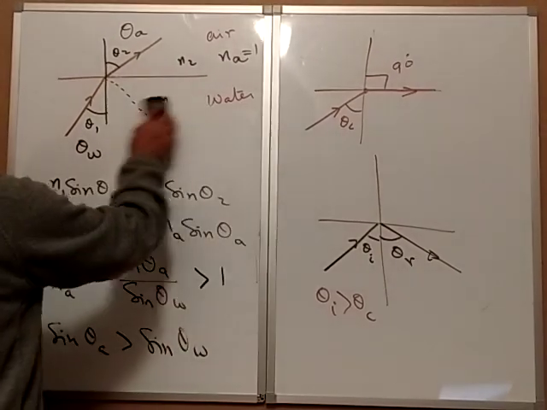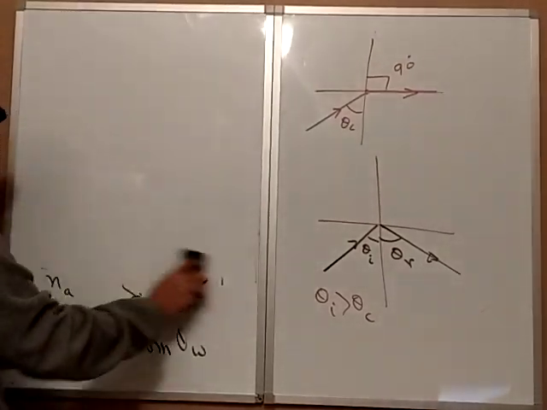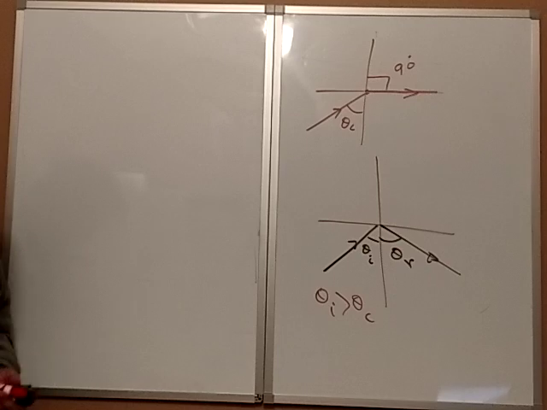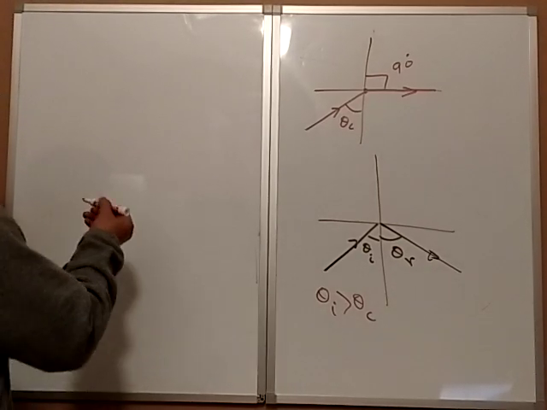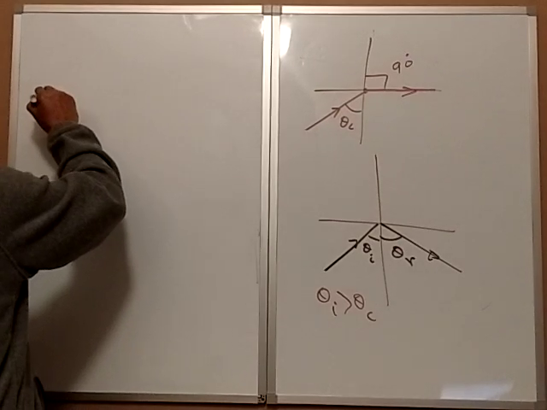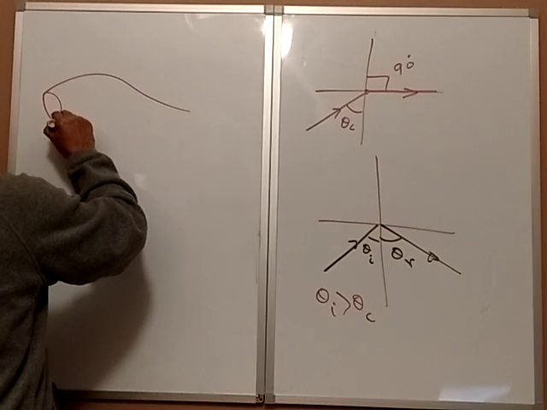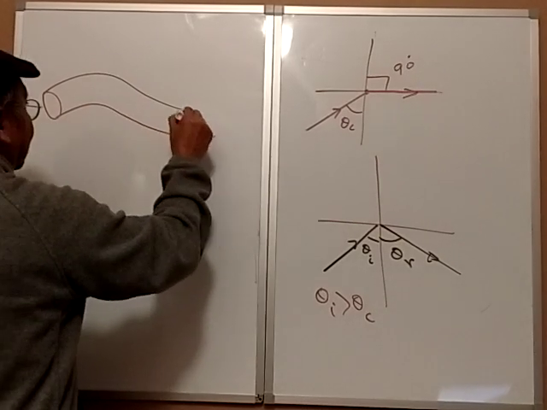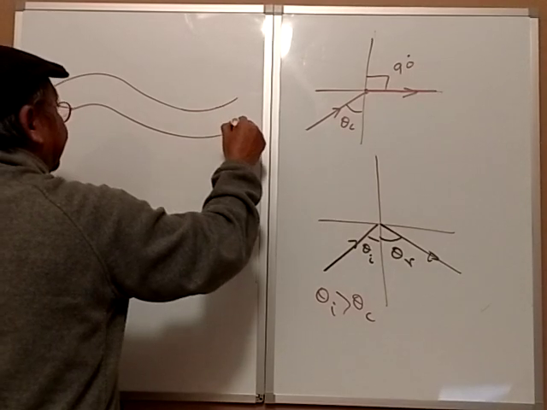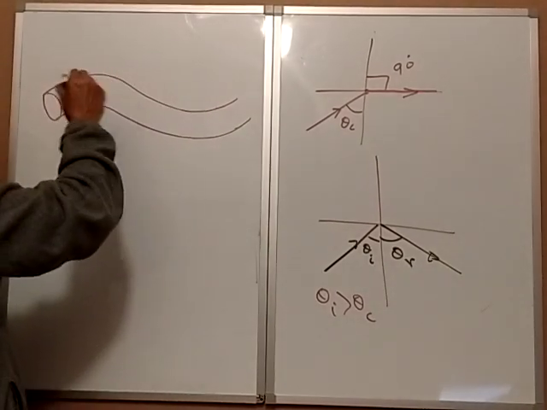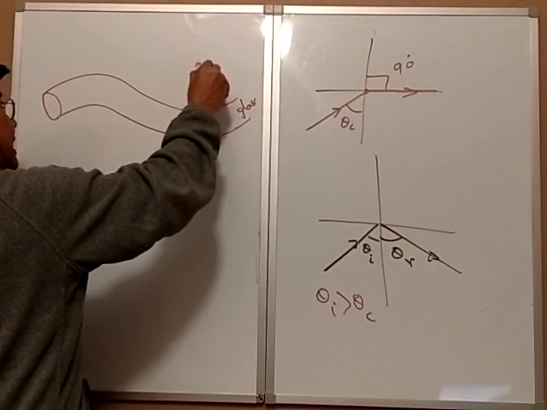Actually, I'll draw a very big pipe. Of course, the real light pipe is very small. And in real life, they could put some coating outside, but I'm just going to do that. So this pipe, inside is glass, outside is air.